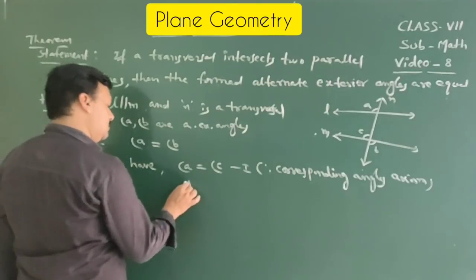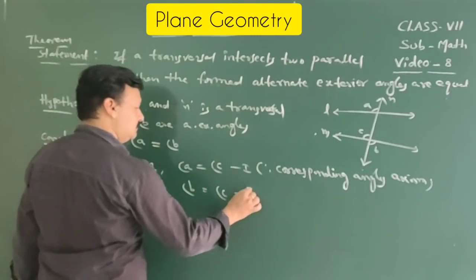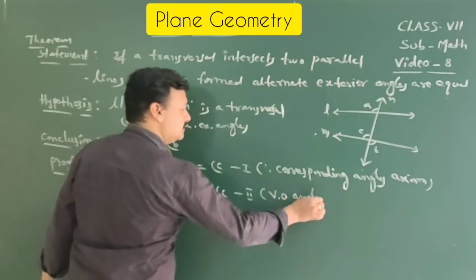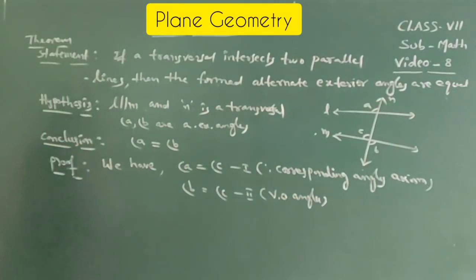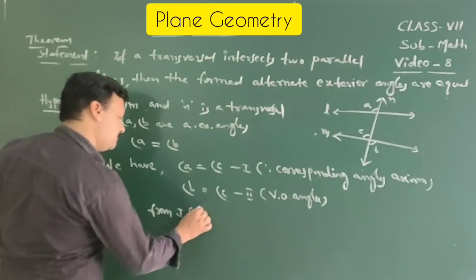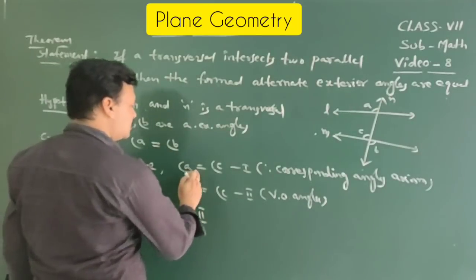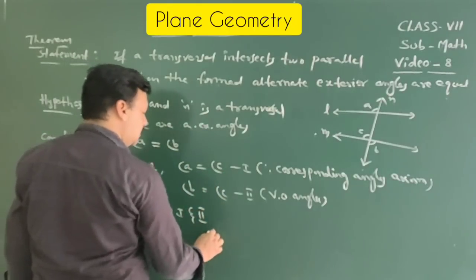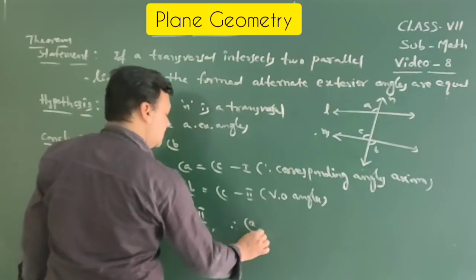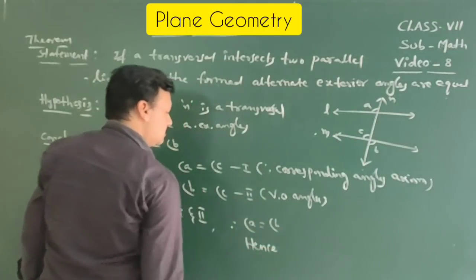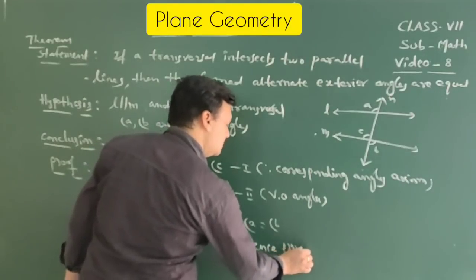Next, angle B equal to angle C, vertically opposite angles. From 1 and 2, equals of equals are equal, meaning A equal to C and B is also equal to C. Therefore, angle A equal to angle B. That is only our required proof. So, hence proved.